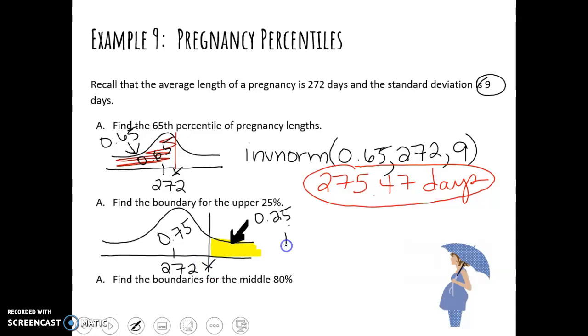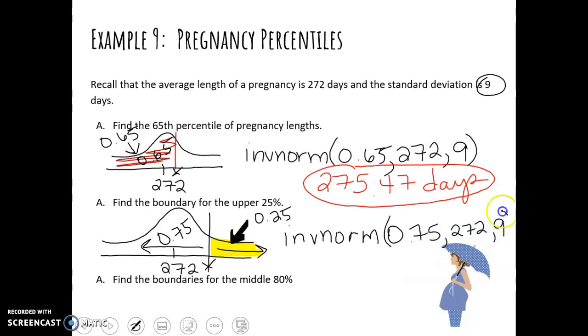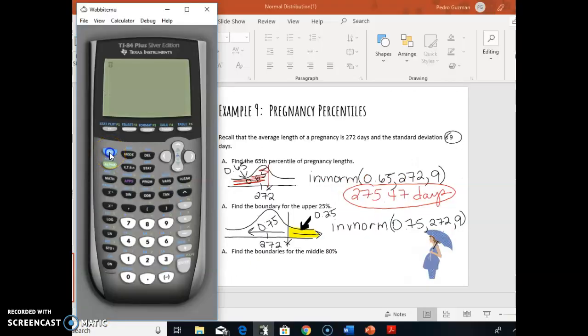Now we can use Inv Norm, but remember you have to put in the area to the left. So we wouldn't put in 0.25 because that's the area to the right of the boundary we're looking for. The area to the left is Q, which is 0.75, followed by your 272 and your 9. So with the calculator, we would do 2nd Vars, number 3.